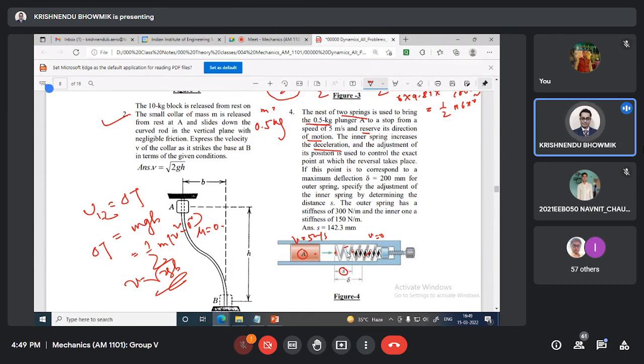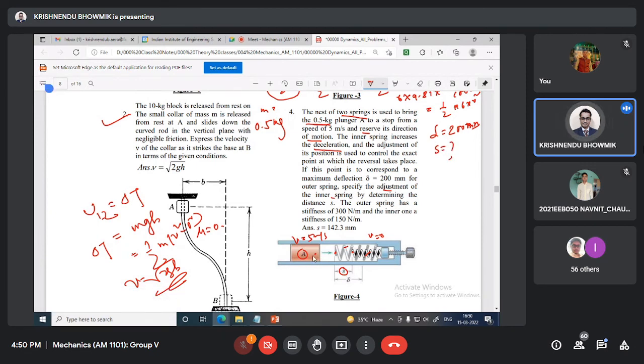If this point is to correspond to a maximum deflection delta equal to 200 millimeter of the outer spring, specify the adjustment of the inner spring s.